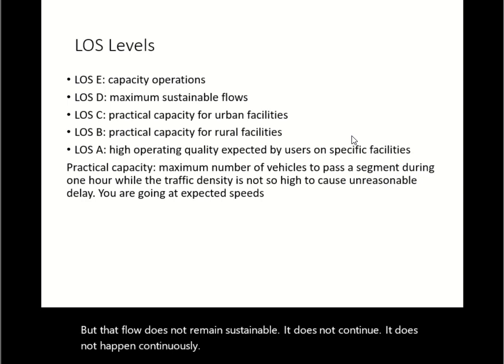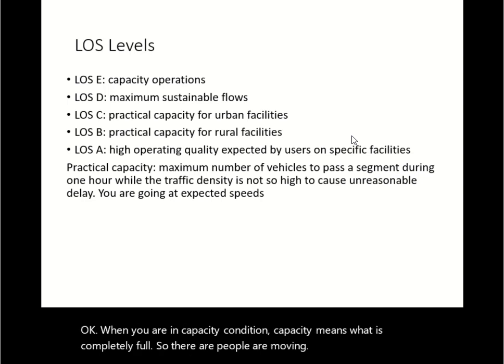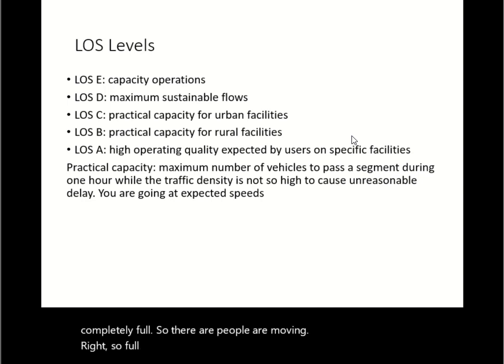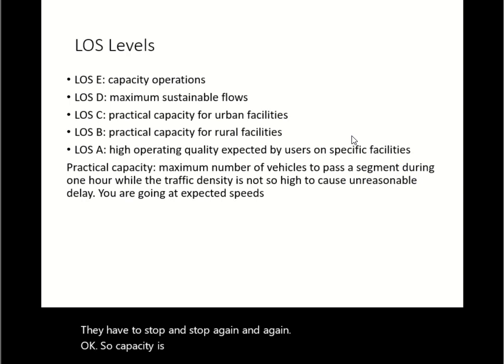When you are in capacity condition, capacity means it's completely full. People are moving, but it's so full that they cannot move continuously. They have to stop and start again and again. So capacity is maximum flow, but it's not maximum sustainable flow. In order to maintain the flow continuously, I need some gap.